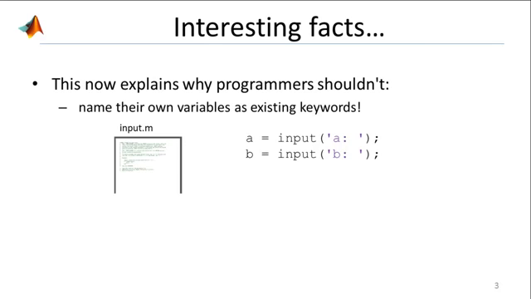This now explains a lot of why programmers have to be very careful when naming variables. We cannot name our own variables as an existing keyword. The input is a function, which means there is a file behind it, called input specifically.